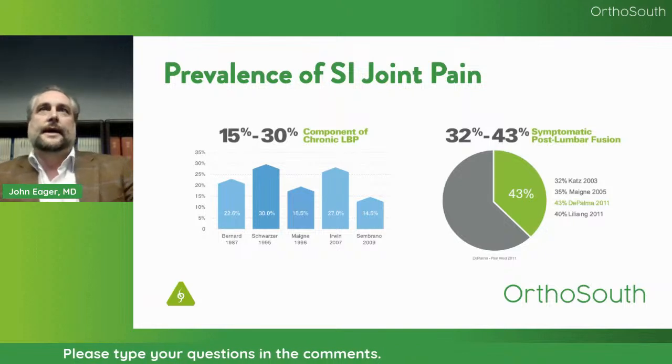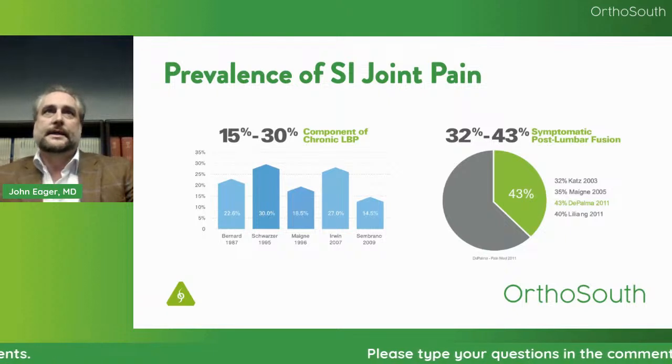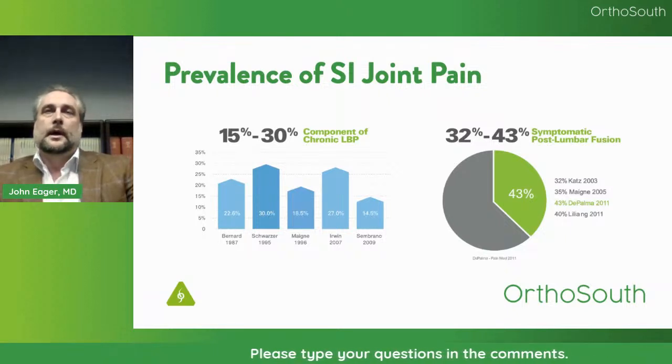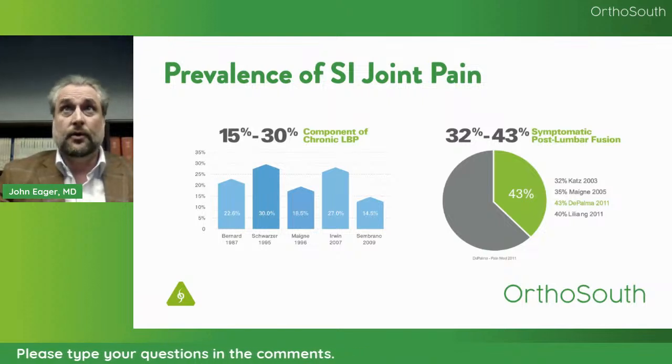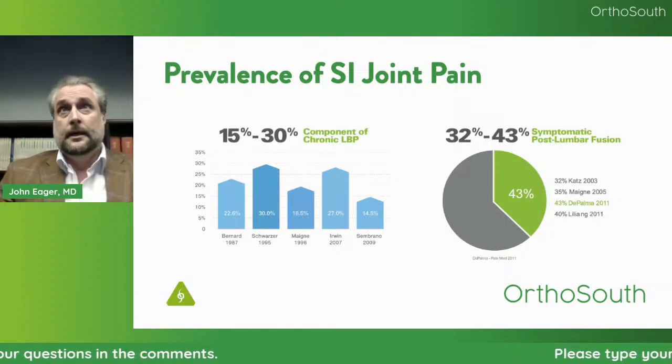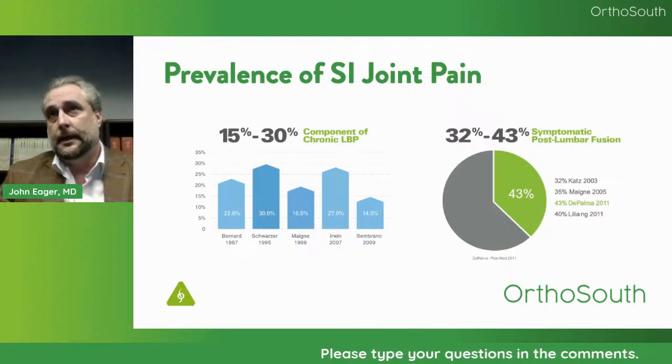So this is a slide detailing the prevalence of SI joint pain based on multiple studies dating back to the 1980s, with somewhere around 15 to 30% attributing it to a component of chronic low back pain. Interestingly, on the right, symptomatic post-lumbar fusion.